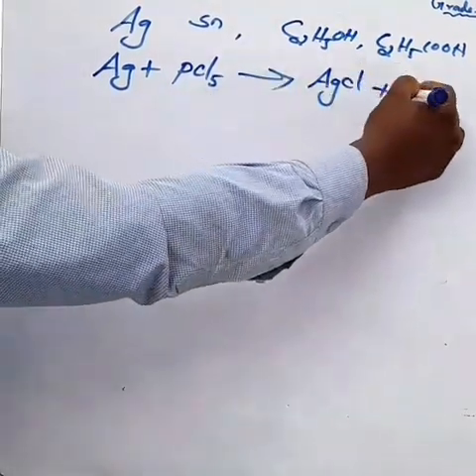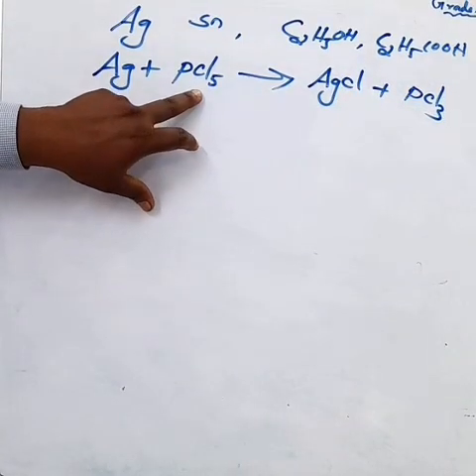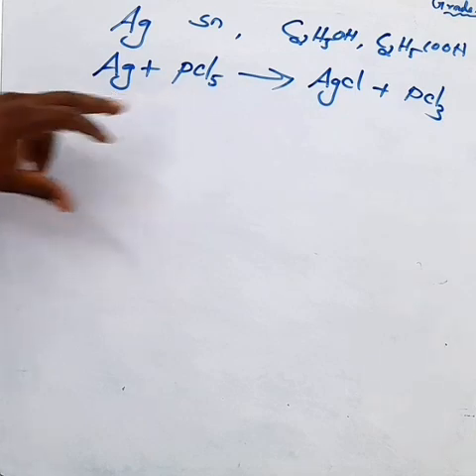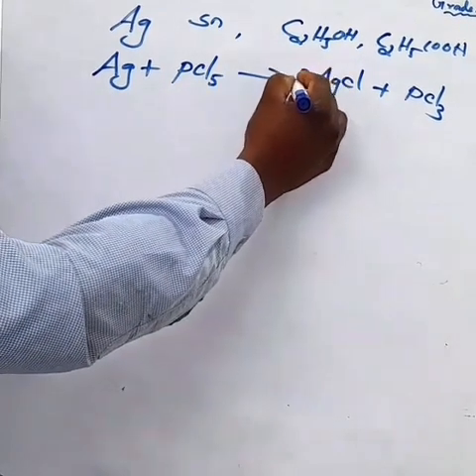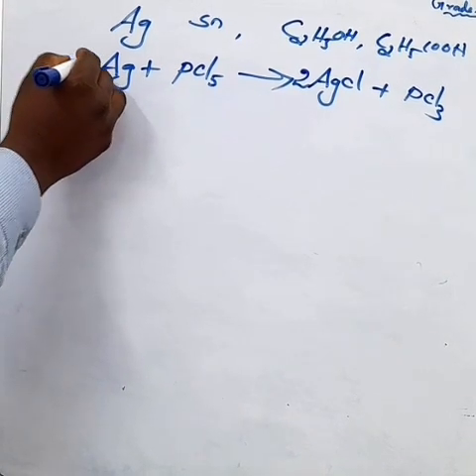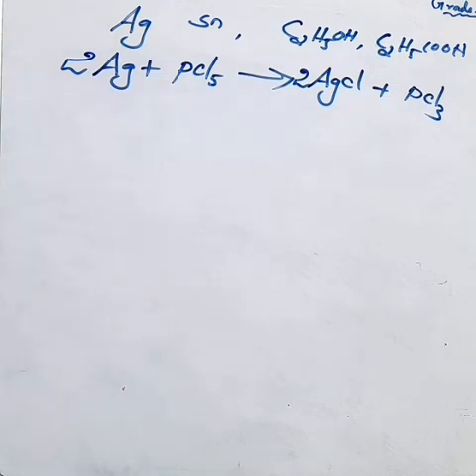So we have to balance the equation. How much chlorine is there in the product side? Here having 4, the reactant side 5. So make it 5. So make the product side 2AgCl. Now chlorine is balanced. So how much silver is there? 2. So make it 2. Now this equation is balanced.